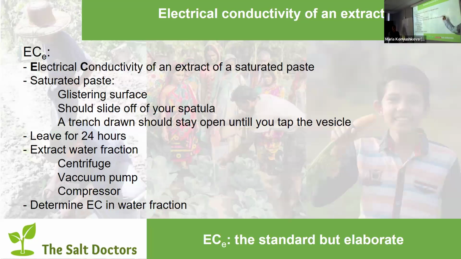And we saw earlier the EC 1 to 1, 1 to 2, 1 to 2.5, 1 to 5, things like that. Or measuring straight in a saturated paste without extracting the water fraction. That would all be faster and require less equipment. However, we want to know if the result you get with your simpler, faster method correlates with an ECE value, the more complicated method, and if so, whether it is a nice, straight correlation.